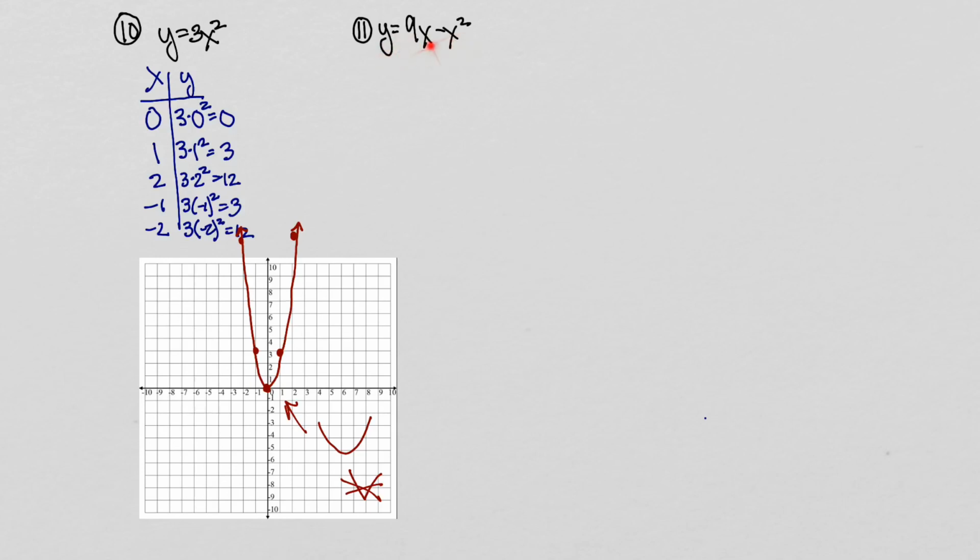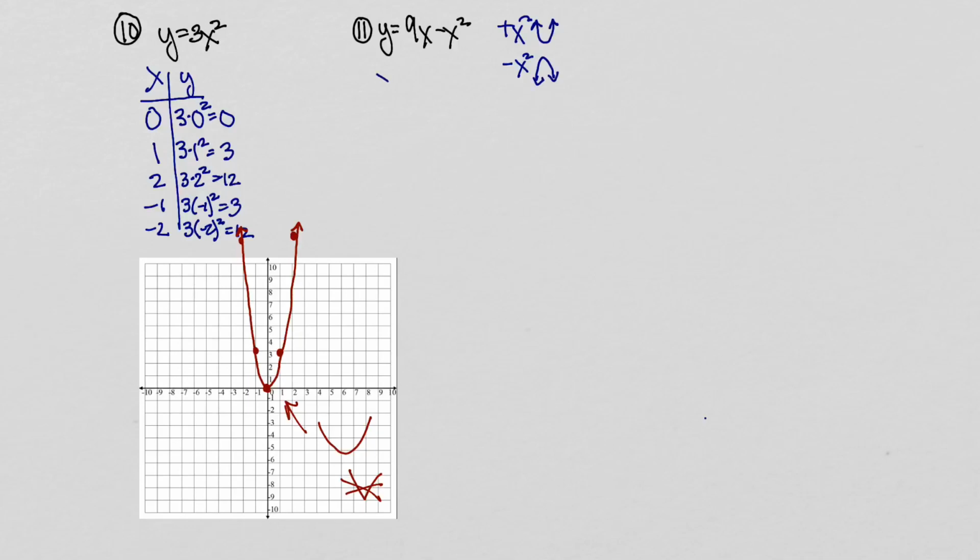Now let's graph this function, and notice first that it is quadratic, right? We have an x squared term, so we're going to get a parabola here. And notice that the x squared term is negative, so the parabola is going to open downward. If you had a plus x squared, the parabola would open upward, but a negative x squared, the parabola is going to open downward.